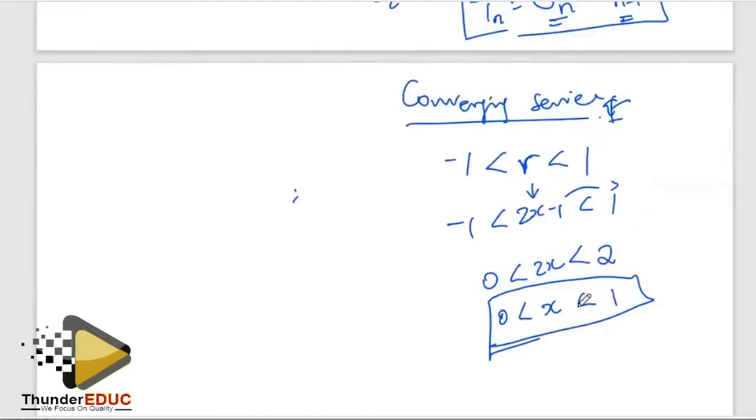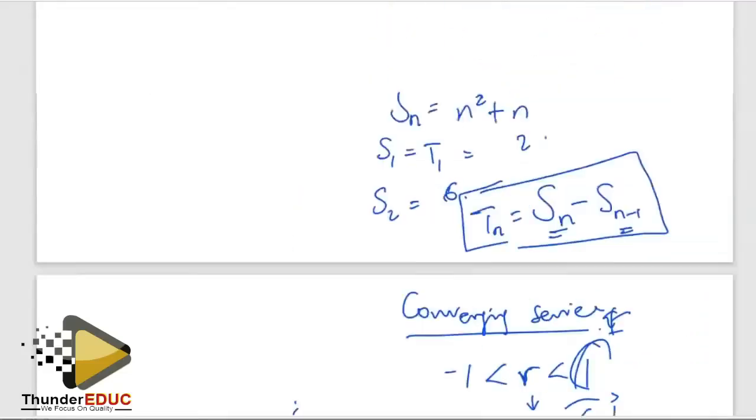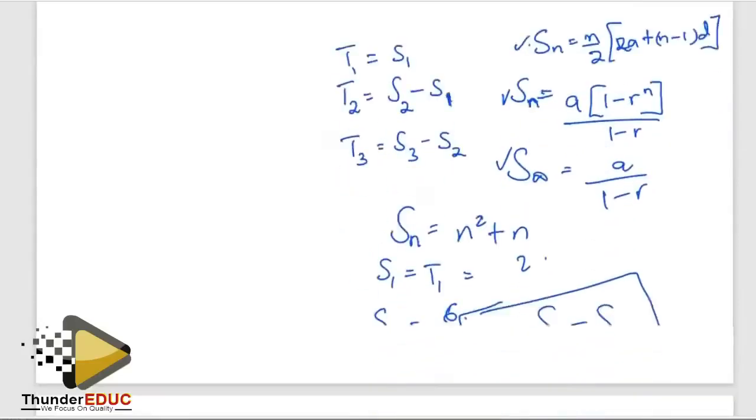But then for a series to become bigger or to diverge, your r has to be greater than this one. If this was a number, maybe a 4, then r has to be greater than 4 for that sequence to diverge or become bigger.